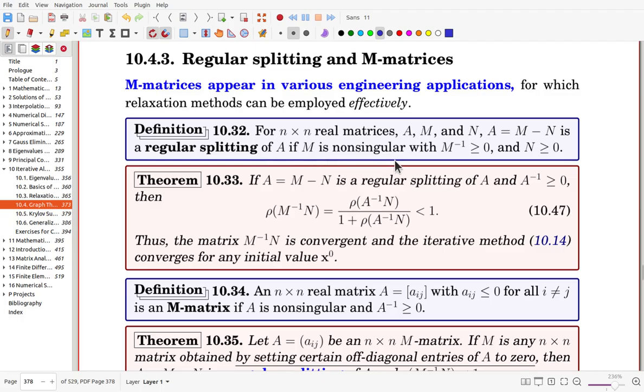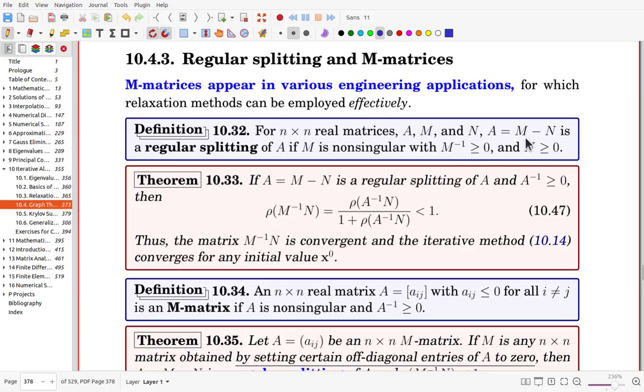Of course M must be non-singular, but M inverse is non-negative. Once you consider the inverse of M, all entries are non-negative. For N, again, all entries are non-negative. Then we say this splitting is a regular splitting.